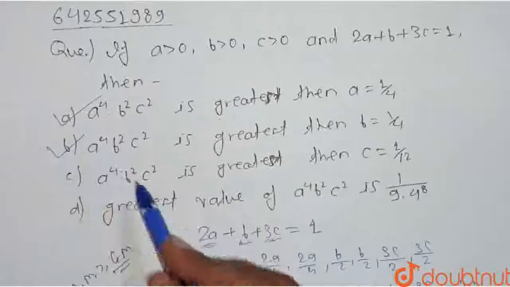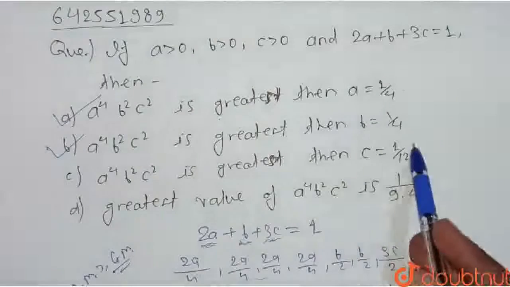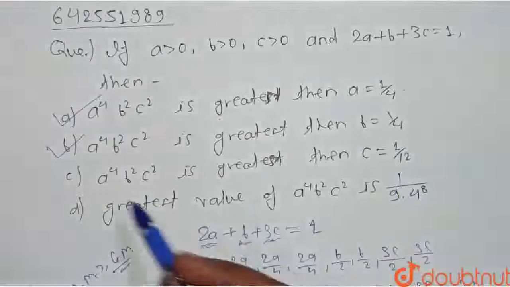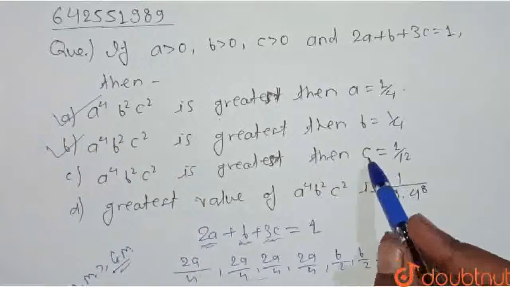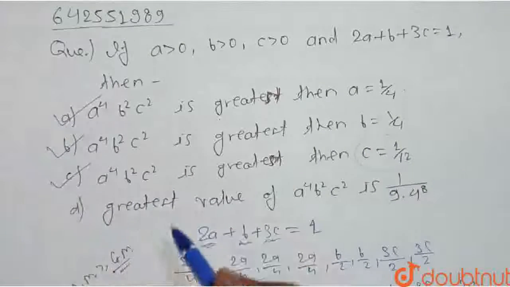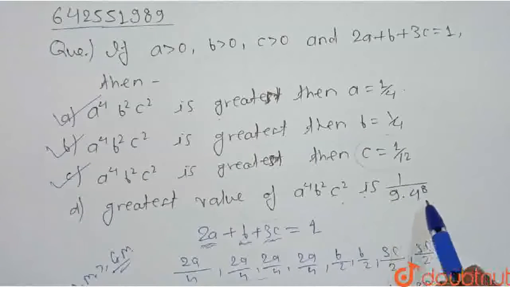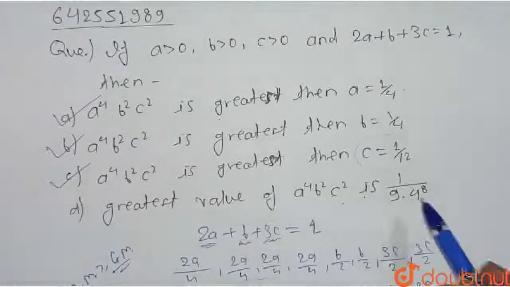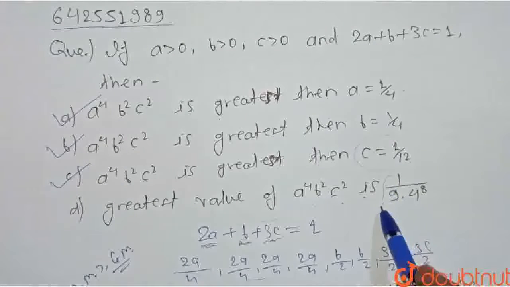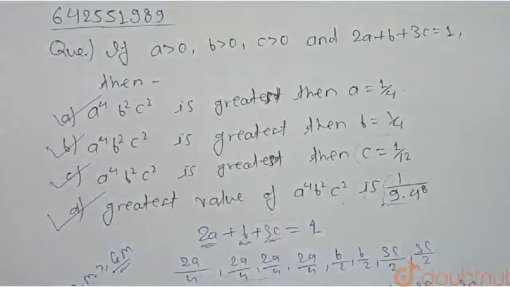So option B is also correct, and the same for option C, where c has the value 1 by 12. So option C is also correct, and the greatest value of a raised to the power 4 b square c square is 1 upon 9 into 4 to the power 8, that we have seen previously. So option D is also correct.